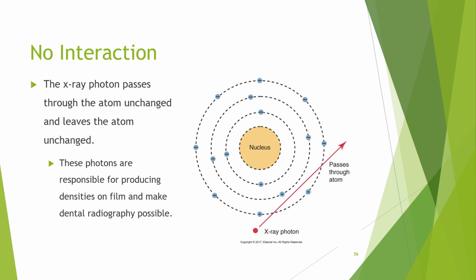We'll get into it more later, but the photon passes through the matter and touches the sensor or the film that we're using, and it is what leaves that black or darker color in our radiograph images. It is possible for an X-ray photon to pass through matter without an interaction.